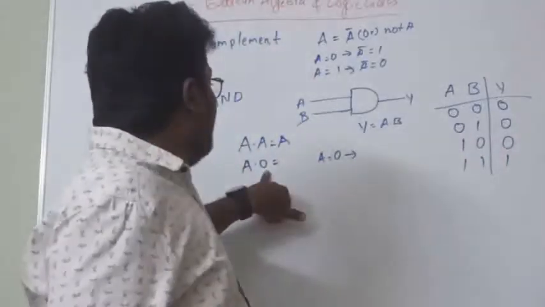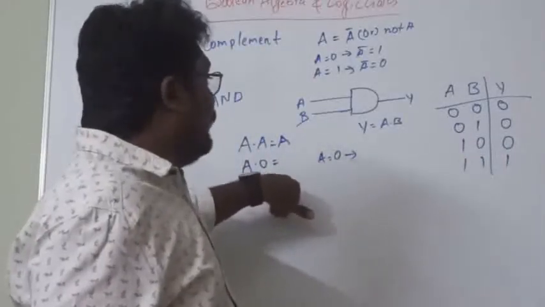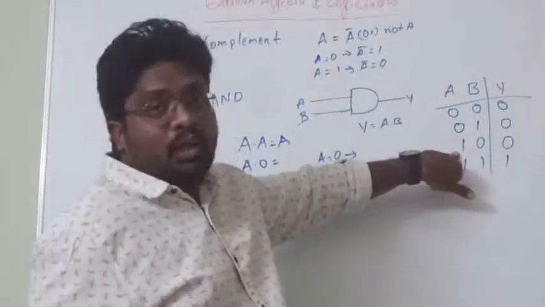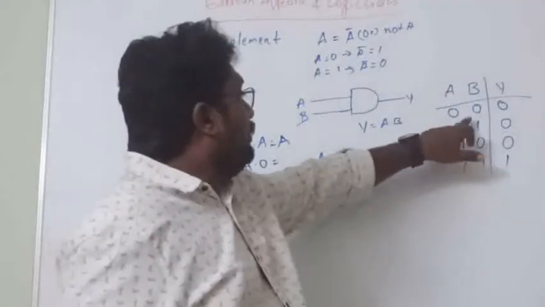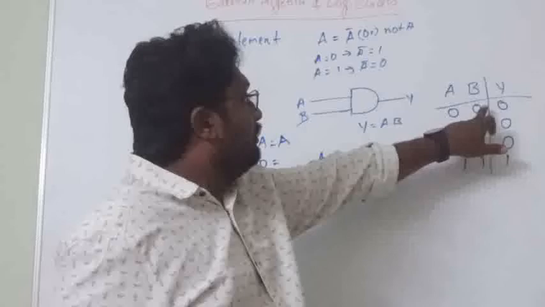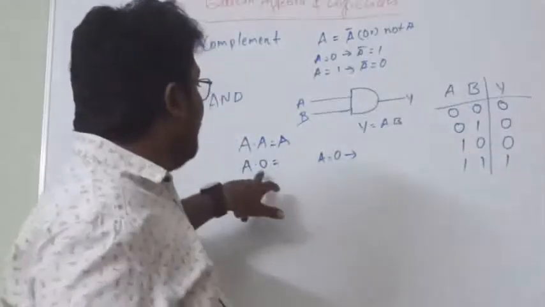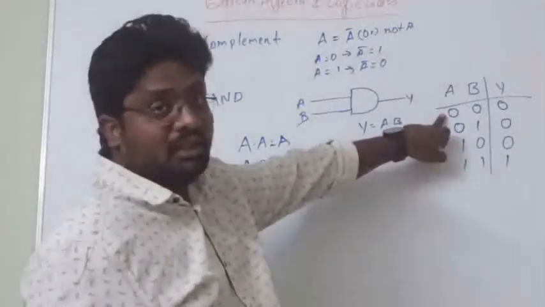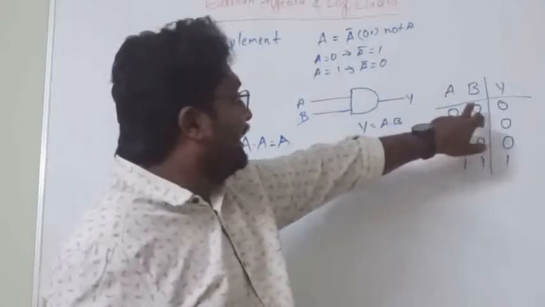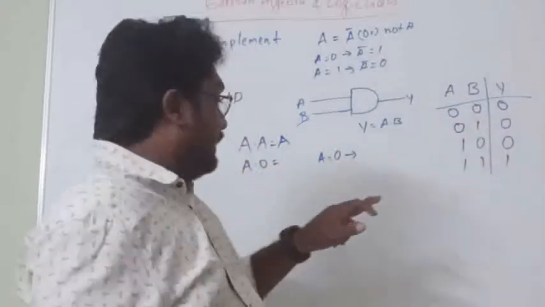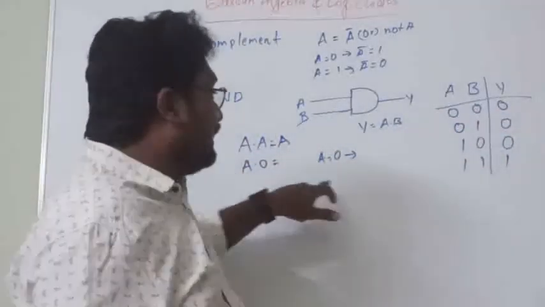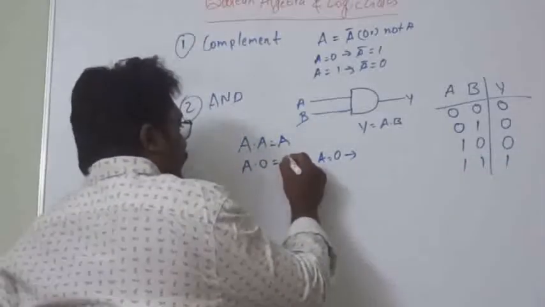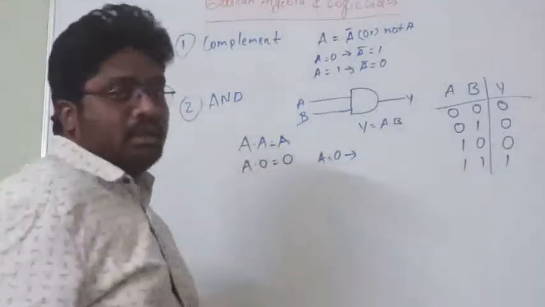For A we have two cases, 0 and 1, right? The second variable B is 0. So if A is 0, then the output is 0. And if A equals 1, then the output is also 0. So A dot 0 will become 0.